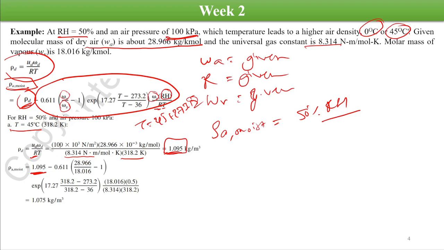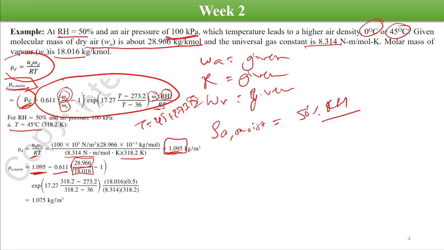Then we'll write 0.611, and here comes the molecular weight of air, given as 28.966, and the molecular weight of vapor, given as 18.016. Then minus 1, bracket closed.